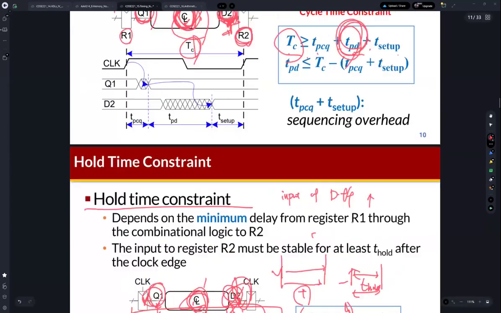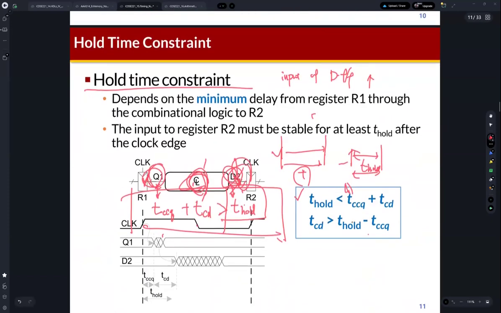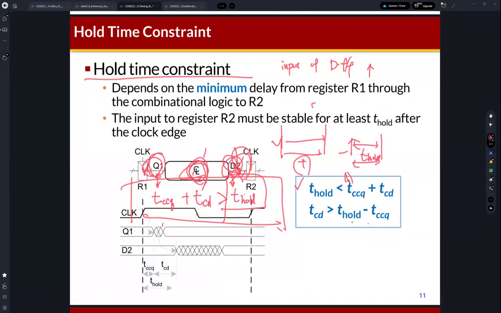The setup time constraint is caused by the maximum delay of the combinational logic and D flip-flop, and the hold time violation is caused by the minimum delay of the combinational logic and also the minimum delay of the D flip-flop.